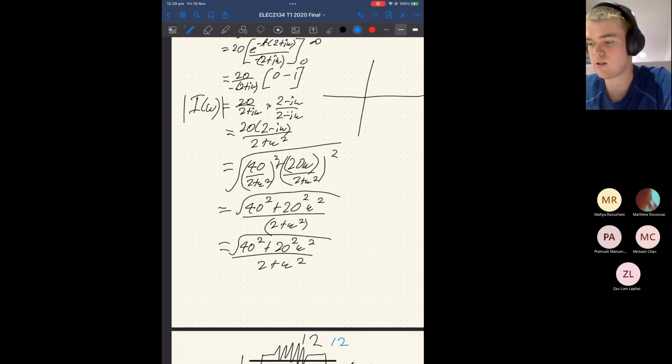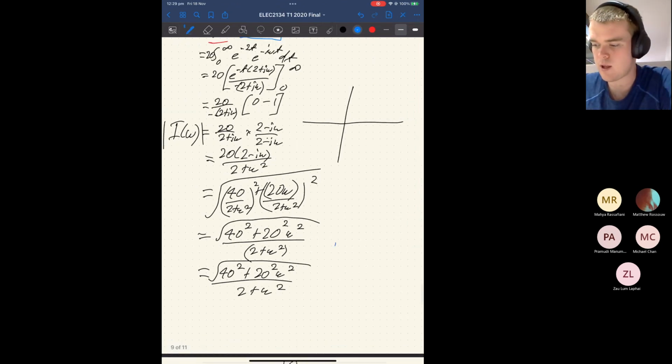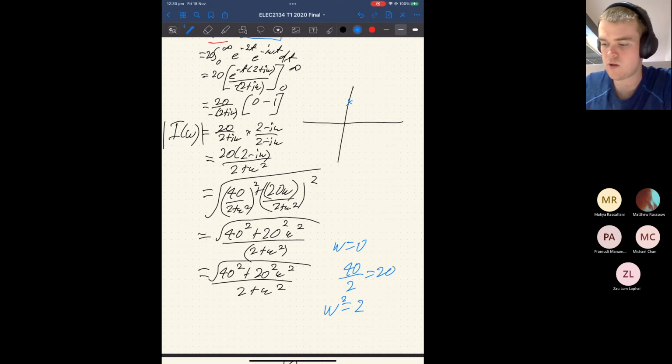Don't worry. Now, if we plug in omega equal to 0, then that'll go to 0, that'll go to 0, and you'll just end up with 40 on 2, which is 20. Now, if omega squared is equal to 2, we can have 40 squared plus 40 squared.